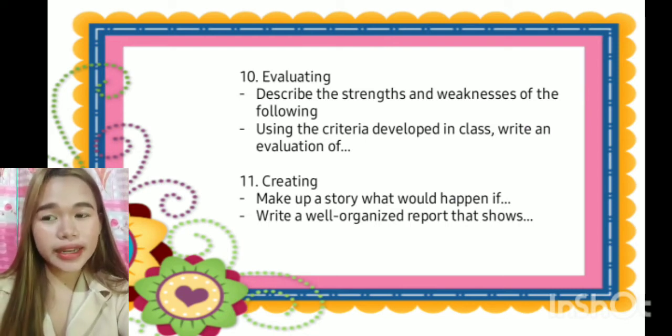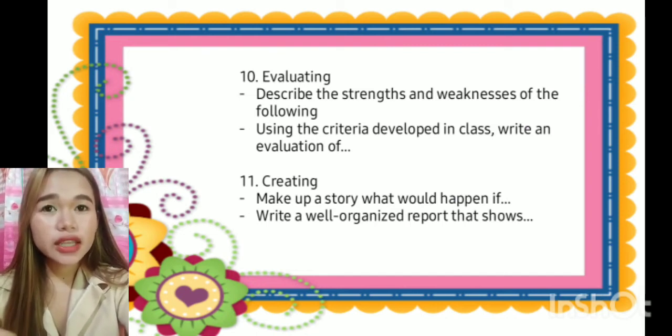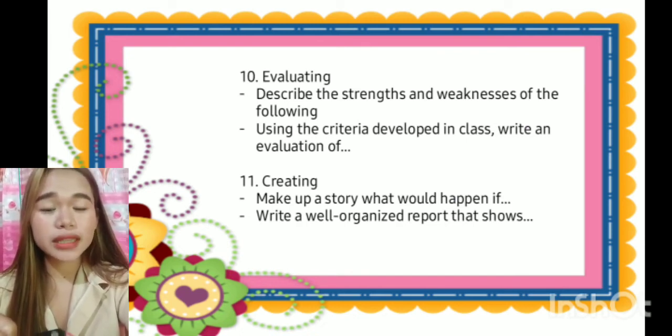So in this example, we already learned about validity and what makes an assessment valid. So in this question, we apply the concept we learned, and we are going to make our own assessment question.